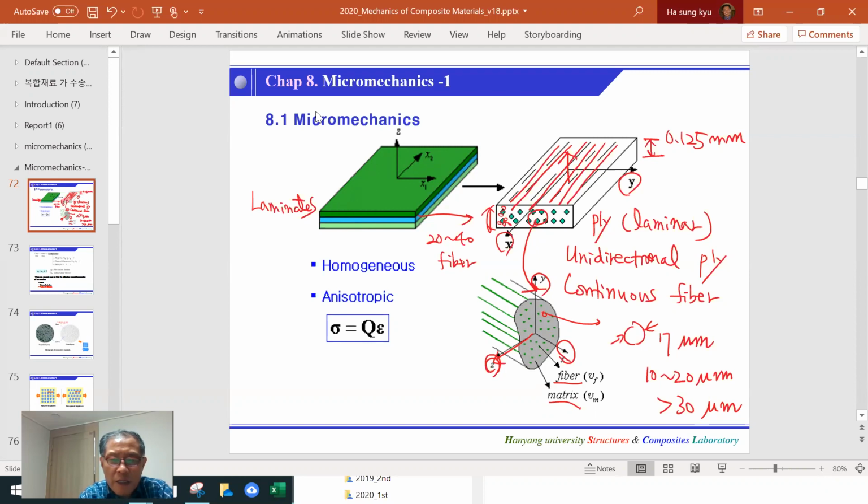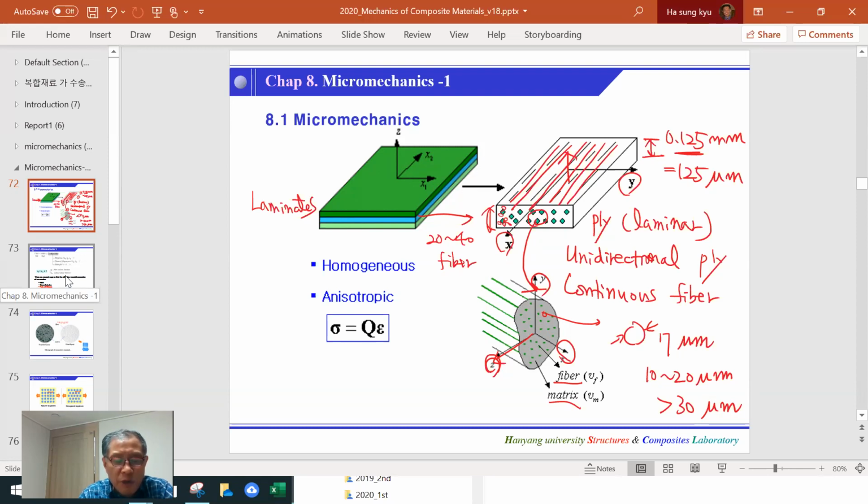So you can imagine this is 125 micrometers, and you can see how many fibers are stacked through the z direction. I hope this slide helps you to visualize how fibers and matrix are arranged relatively.